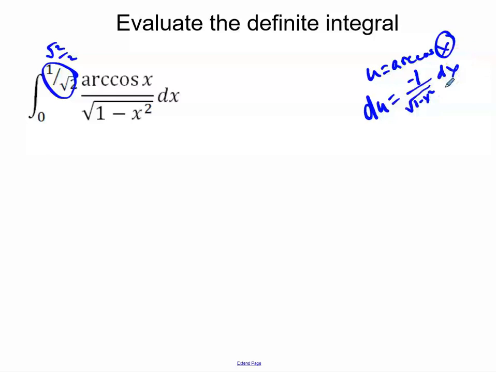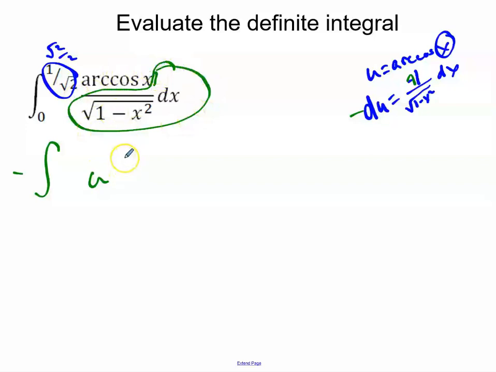This matches pretty nicely, except for the negative, but negatives are easy to fix. Boom, boom. So now I've got a negative on the outside, integrating. The arc cosine has become a u, and this whole thing is becoming my du, so it's just u du. And that's going to be easy to integrate.